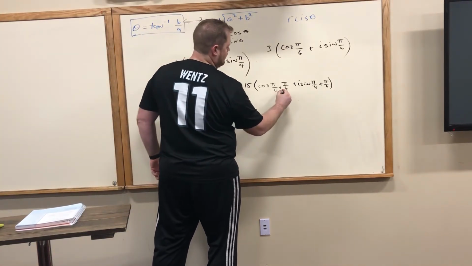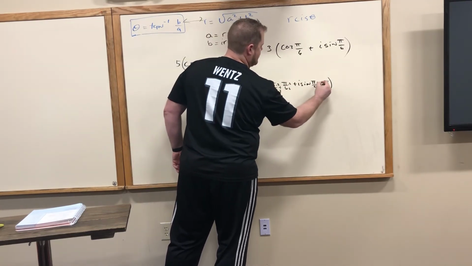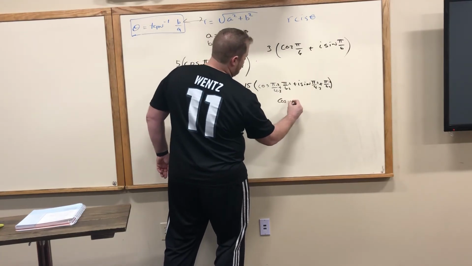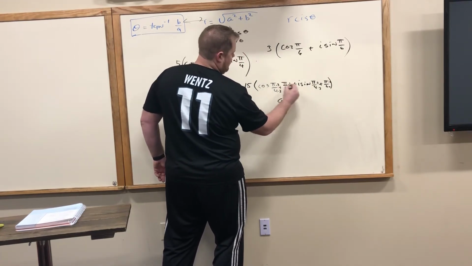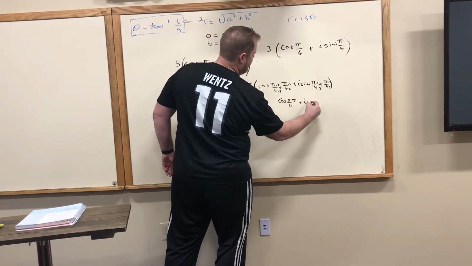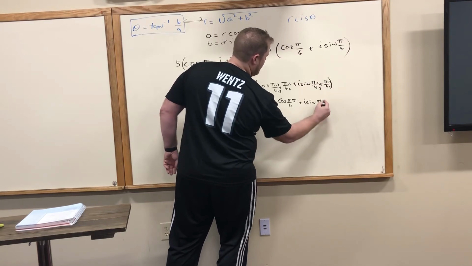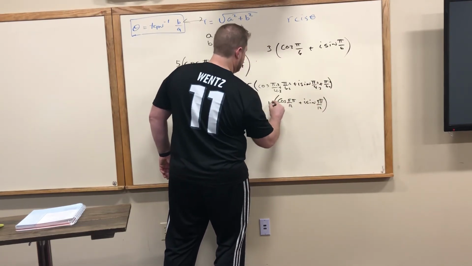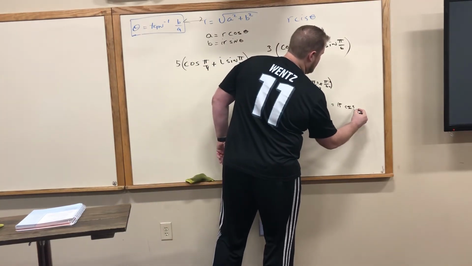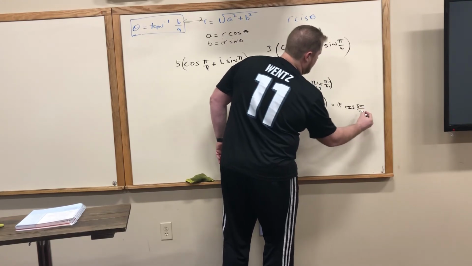Common denominator is 12. Good. So times 3, times 2. That's going to give me cosine 5 pi over 12 plus i sine 5 pi over 12, all times 15. Another quick way to write that is 15 cis 5 pi over 12.